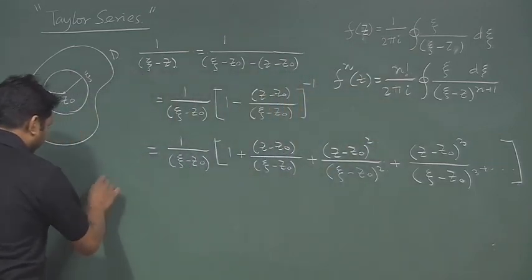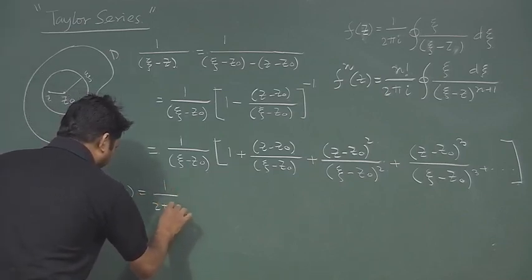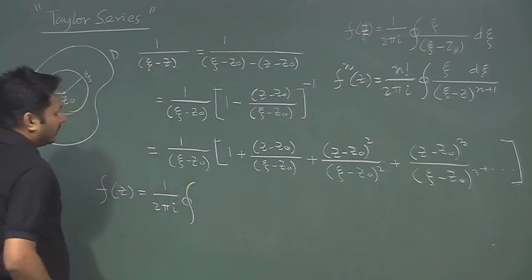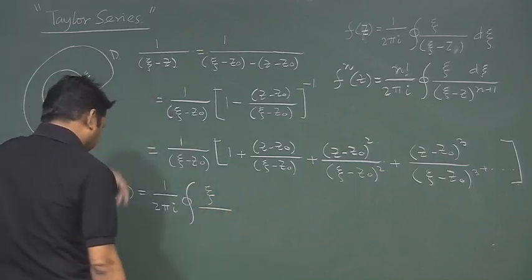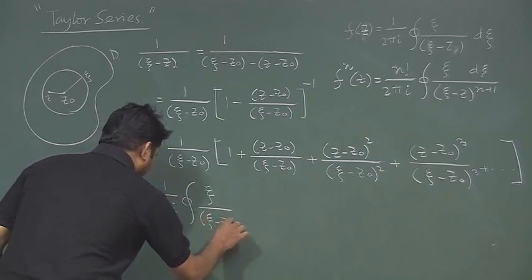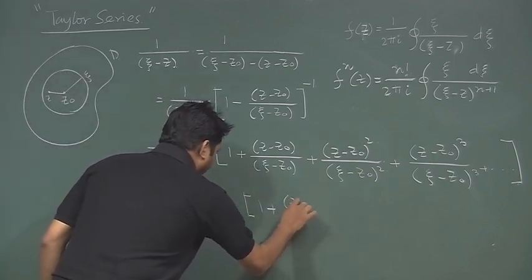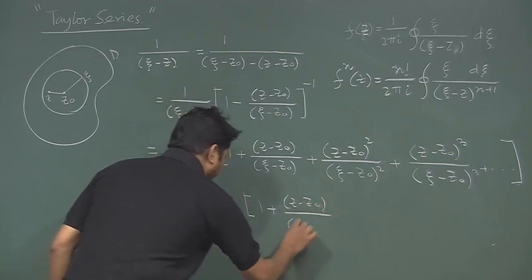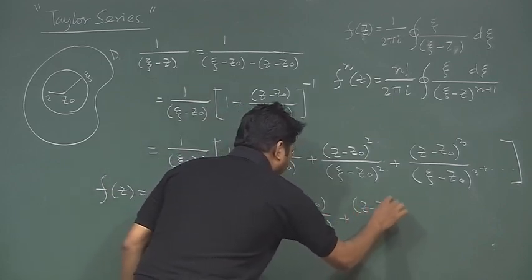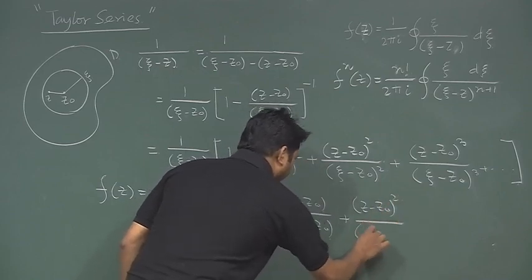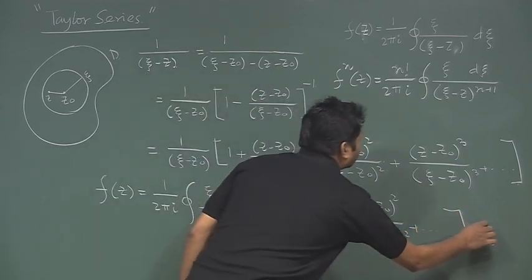So my f(z) is something like 1 by 2 pi i, closed integral of f(xi) by xi minus z0, multiplied by 1 plus z minus z0 divided by xi minus z0, plus z minus z0 whole square divided by xi minus z0 whole square, and so on, with d xi.